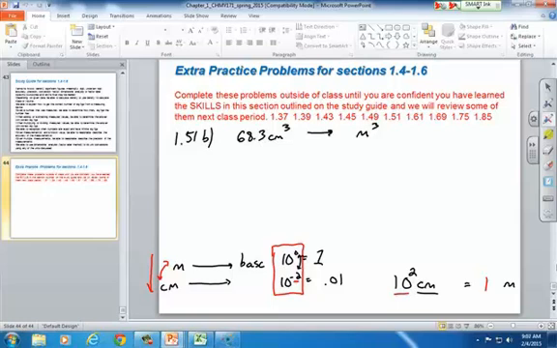Now that I know that relationship, it's not totally going to help me make the conversion yet, because I need a relationship that relates centimeters cubed to meters cubed.